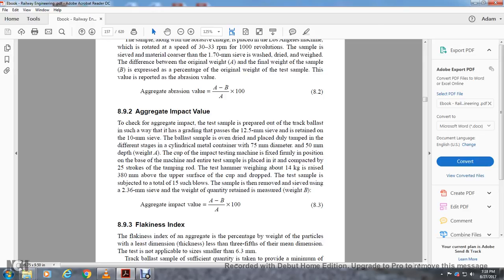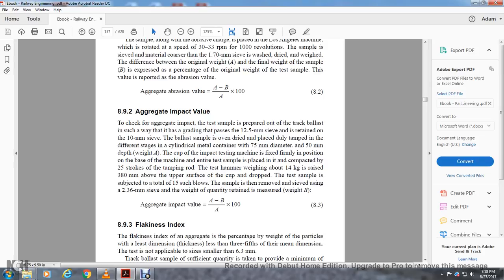The entire standard test sample is compacted with 25 strokes of the tamping rod. The hammer, weighing about 14 kilograms, is raised 380 millimeters above the upper surface of the cup and dropped. The test sample is subjected to a total of 15 such blows. The sample is removed and sieved using the 2.36 millimeter sieve.